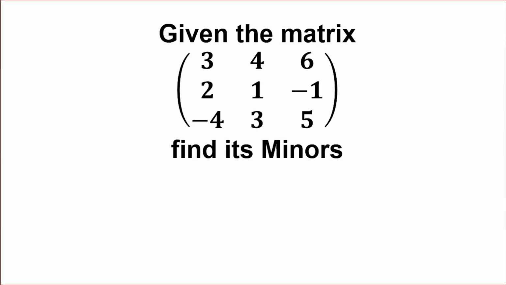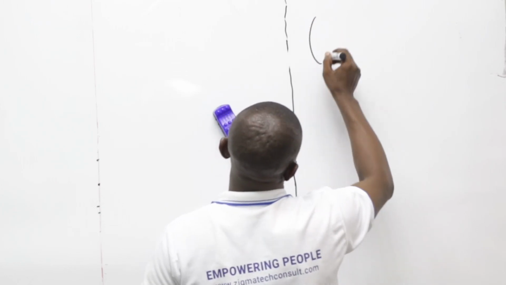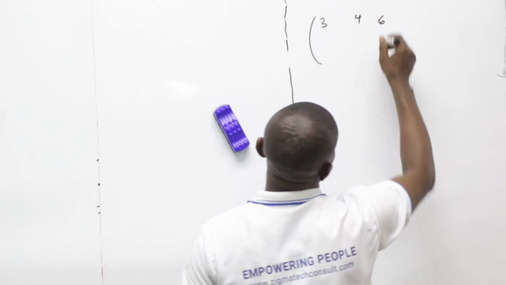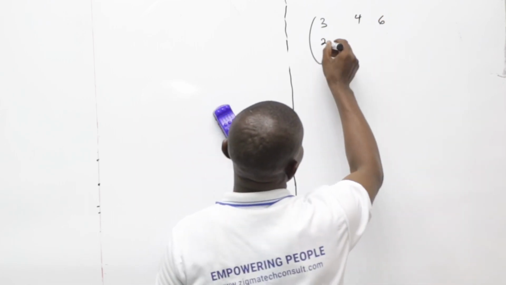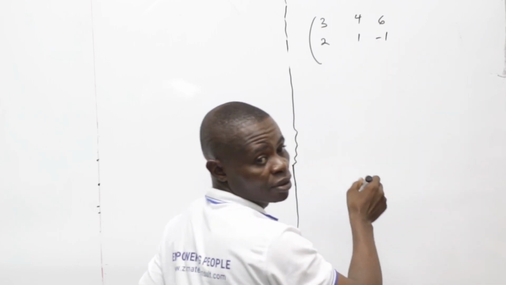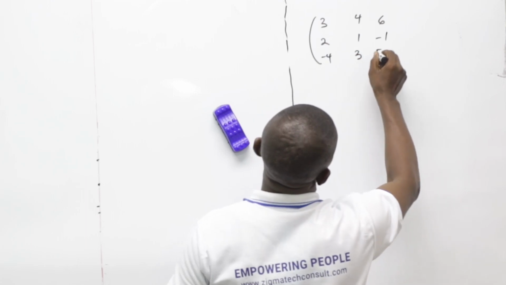Now, if I have this as a matrix, recall that this is 3, 4, 6, 2, 1, minus 1, minus 4, 3.